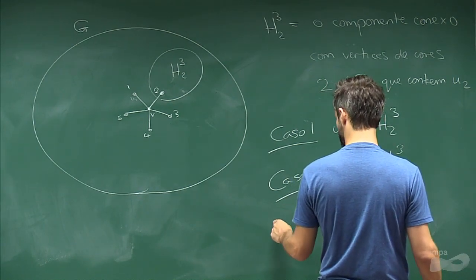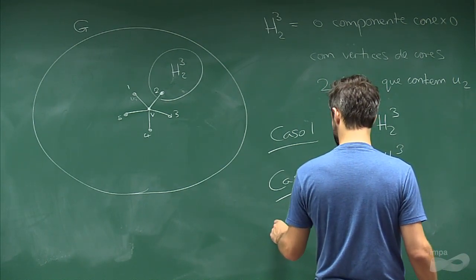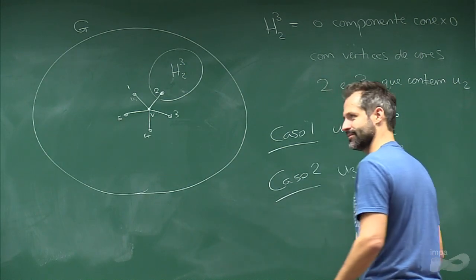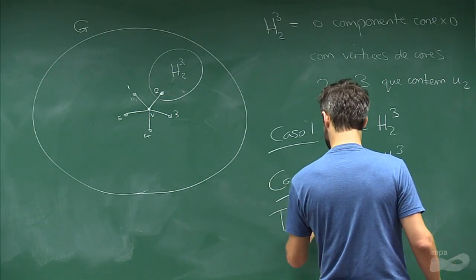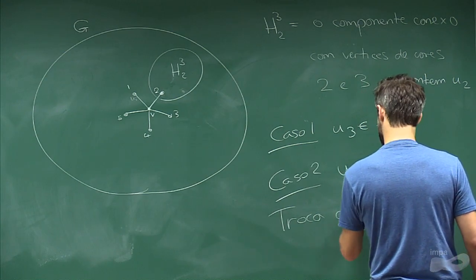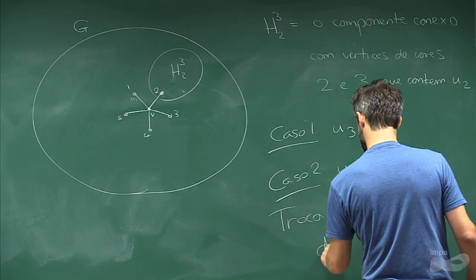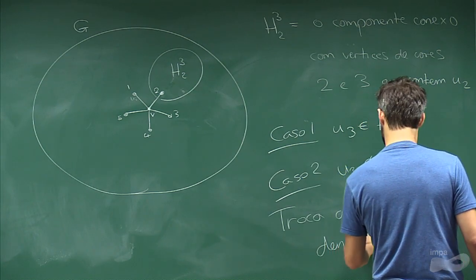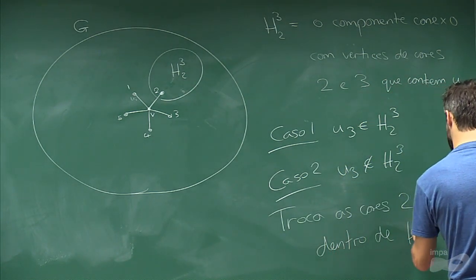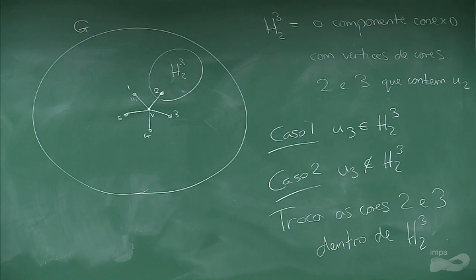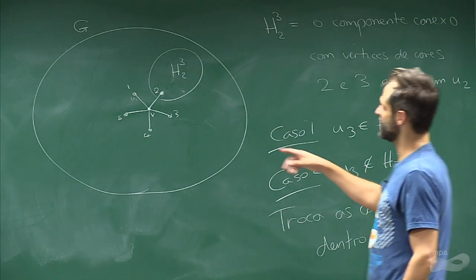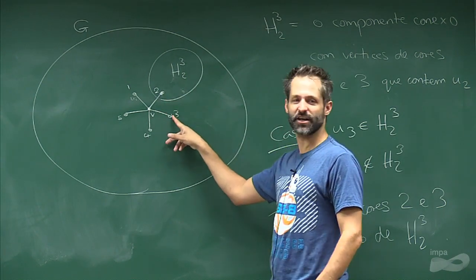So in case 2, inside H23, swap the colors 2 and 3. This guy swaps color, and this guy does not.